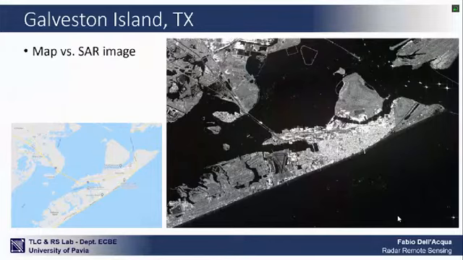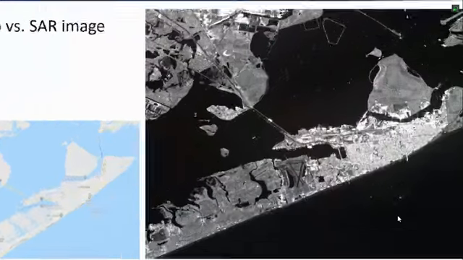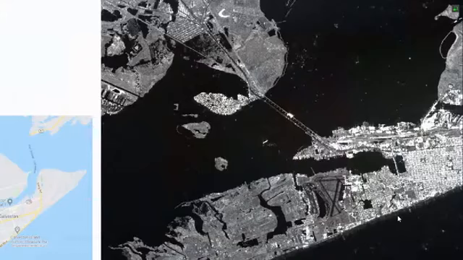The image shows obviously the sea, which is dark because it's flat. Not all flat. What happens here? A boat, right, a ship.